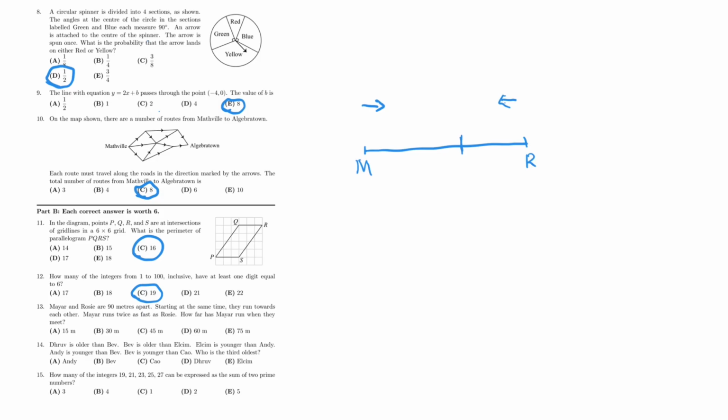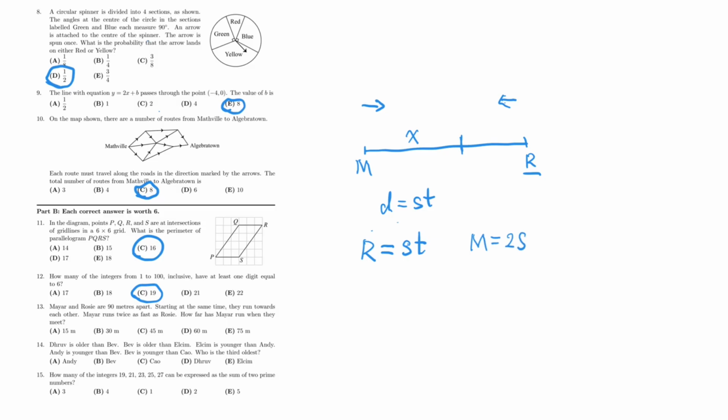So if Maya runs the distance x, we know distance equals speed times time. If Rosie runs, the distance is the speed times time. Because Maya runs twice as fast as Rosie, Maya runs the 2 speed.